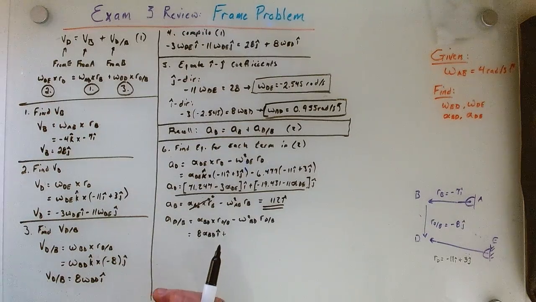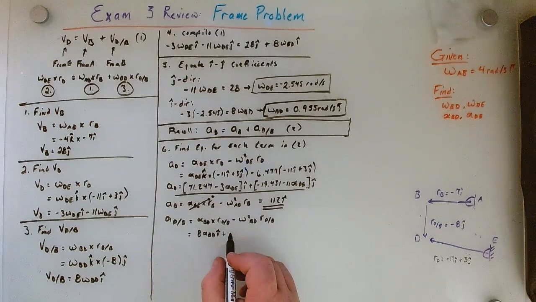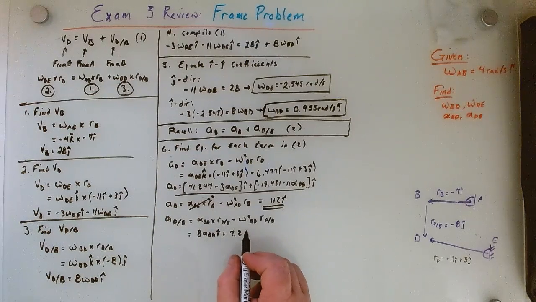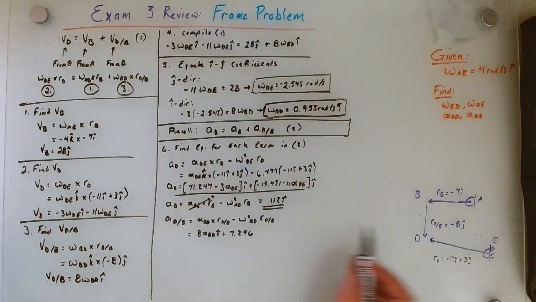And that gives us plus 7.296, and that is in the J direction.